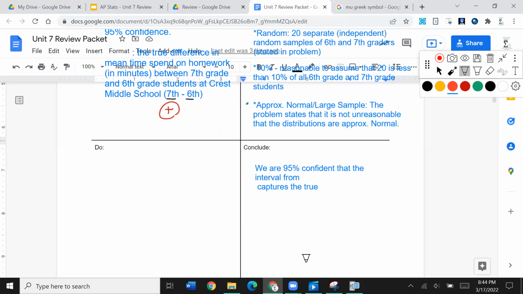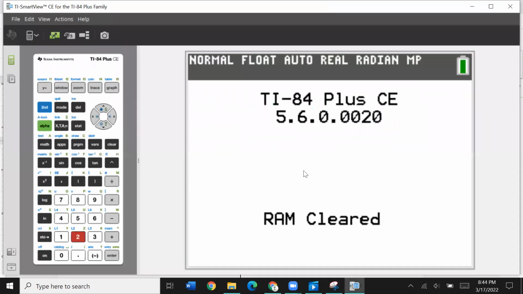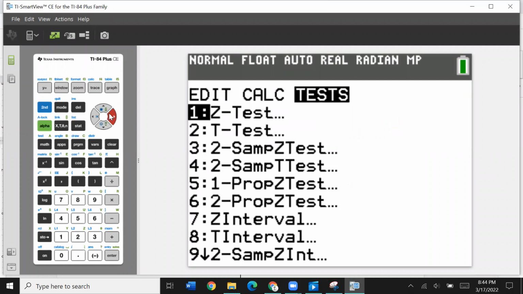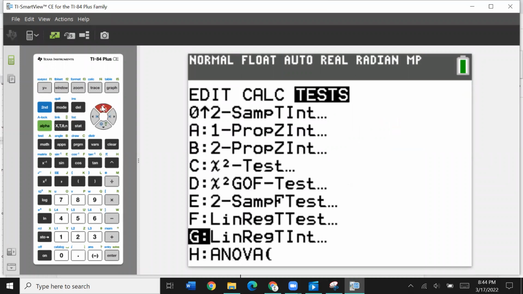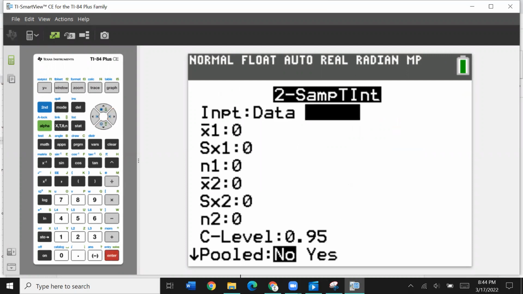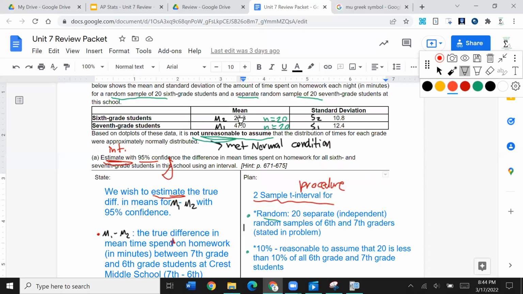So let's go to our calculator and figure out this interval. This is going to be a 2 sample t interval, so go ahead and come at this with me. We're going to go into stats and enter our data in. Our stats are going to have 20, we're going to do 47 first, and then 12.4.